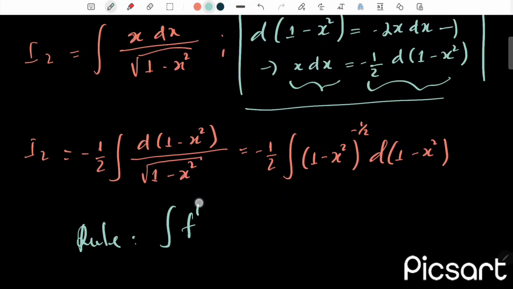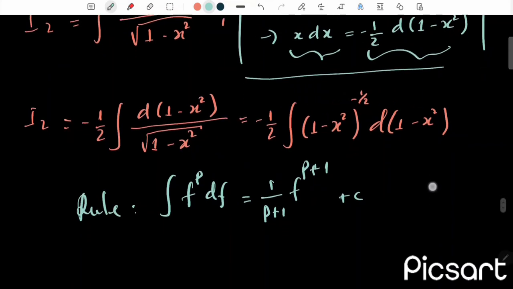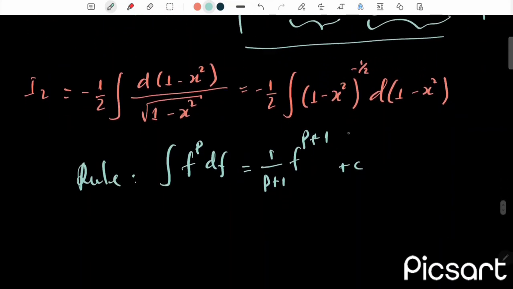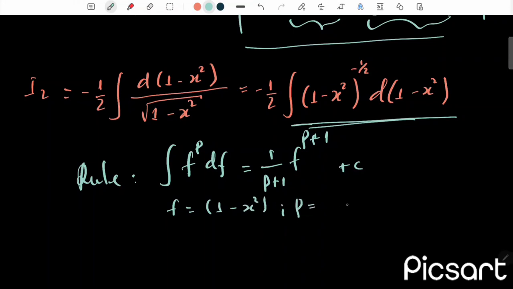The integral of f to the power p d of f is equal to 1 over p plus 1 times f to the power p plus 1 plus c. For this integral, our f is equal to 1 minus x squared and p is equal to minus 1 over 2.